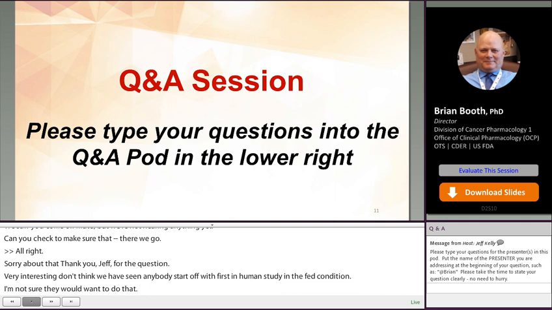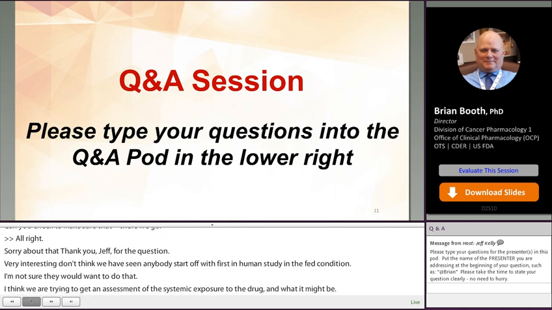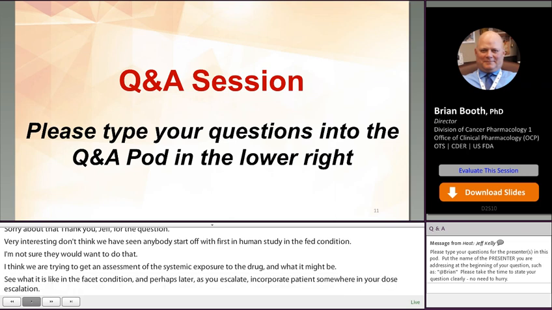So we want to see what things are like in the fasted condition, and then perhaps later, as you escalate, you might incorporate a cohort of patients somewhere in your dose escalation where you do administer the drug under the fed condition, so you can see what the exposure would be under both states.